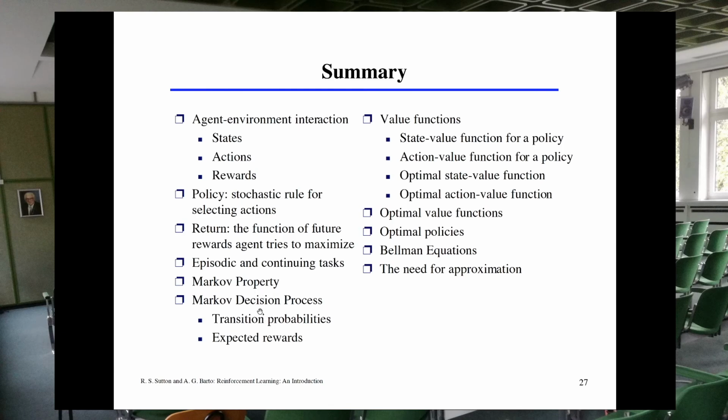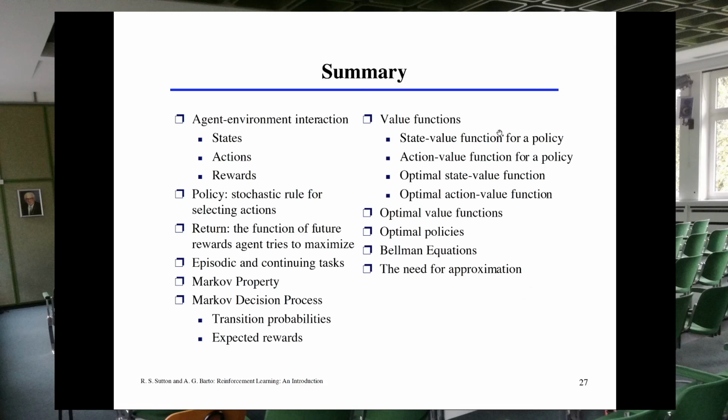In terms of the Markov decision process, you should also understand the transition probabilities, which is the model: the probability that you will go from one state S to some state S prime by executing some action A. Also the concept of expected rewards, which is basically defined as the sum of discounted rewards.